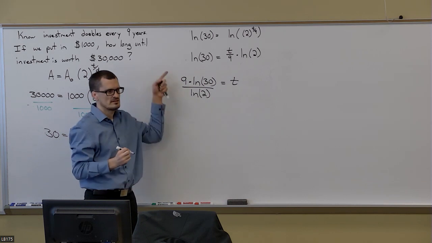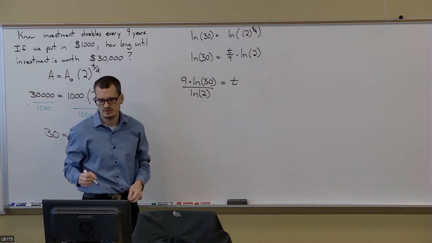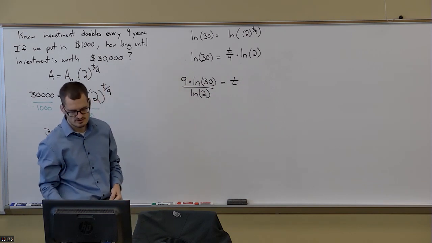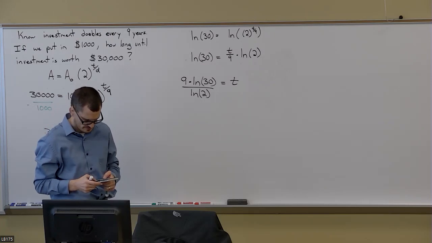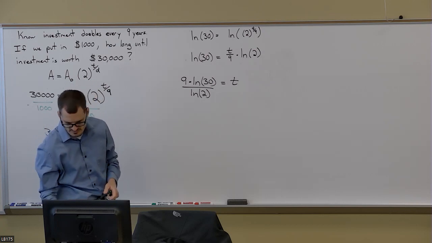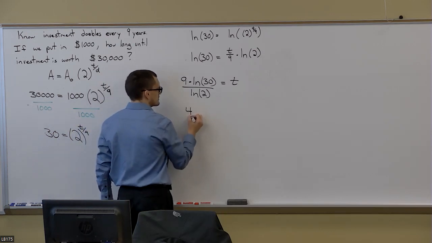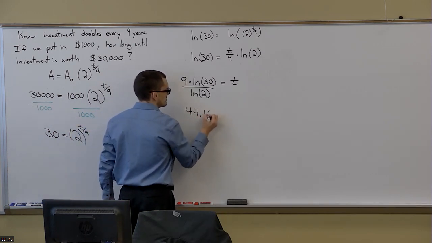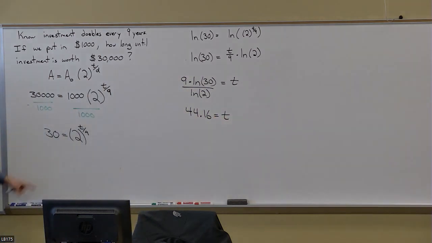Is that okay? Here to here. Multiply by 9 on both sides, divided by natural log of 2. And I end up with 44.16. So it's going to take 44.16 years for that $1,000 to turn into $30,000.